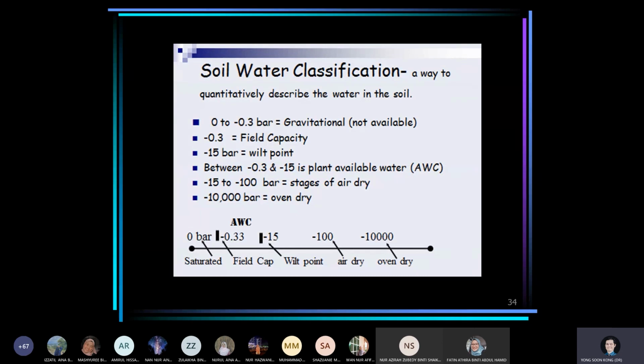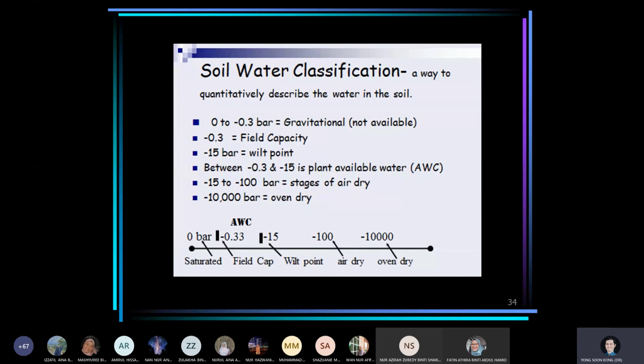Because the point where we are here today is that we're going to learn the potential. What is the highest value? 0 only. The lowest value could extend to minus 10,000. But the most important thing is the terms. The terms you can see in the scale: saturated, field capacity, wilt point, air dry, oven dry. These are the things that you need to understand.